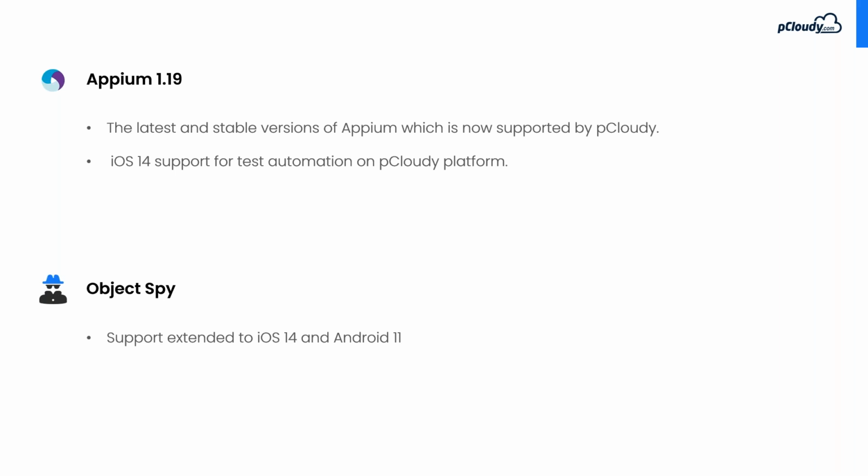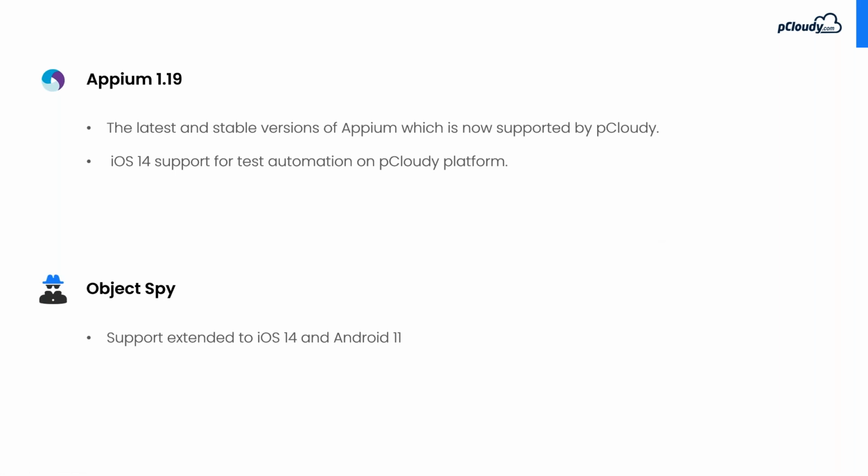Those were not supported earlier for iOS 14 and Android 11, so we have provided the support. So if you want to create new automation test cases for either iOS 14 or Android 11 today, you can start on pCloudy devices.